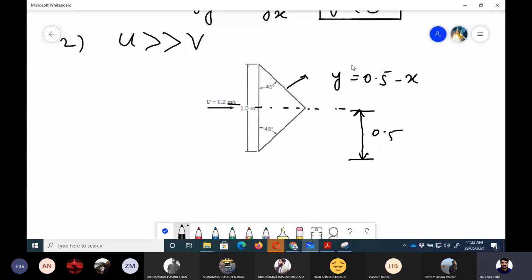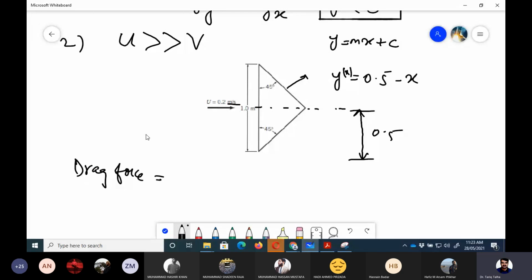Because this is a line, we know that y is equal to mx plus c. We can calculate the slope, and that would be -1 in this case. So y, as a function of x, would be equal to 0.5 minus x. Now we need to calculate the drag force on this plate, right?